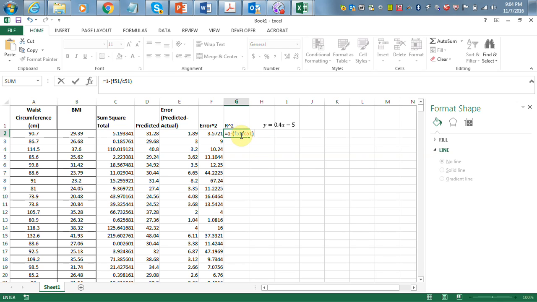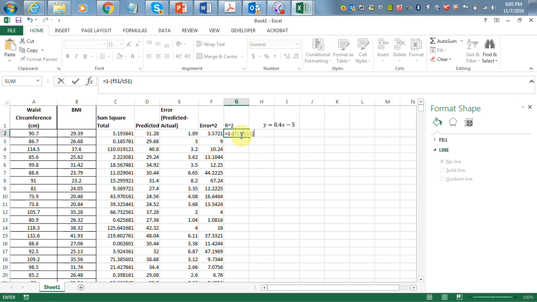If this F51 is very close to 0, that means my sum square error is really close to 0, then 1 minus that number is going to be very close to 1. On the other hand, if the ratio of the sum square error to the sum square total is very close to 0, again, I'm going to get something that's close to 1. R square tells you how much of the variance can be explained by your model.